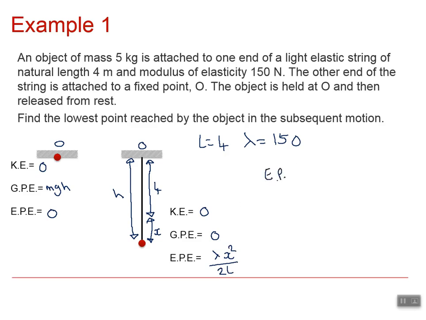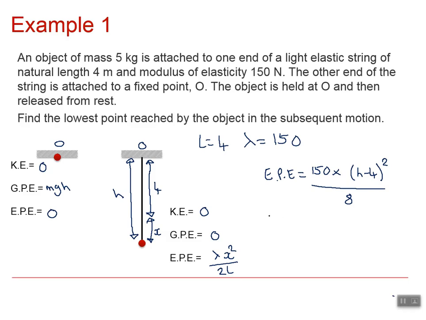So that means our elastic potential energy is 150 times h minus 4 squared, because that's the extension in the string. h is the lowest point we've reached, and the difference between that and the natural length of the string is the extension, and that's divided by 8, which is 2 times the natural length of our string.